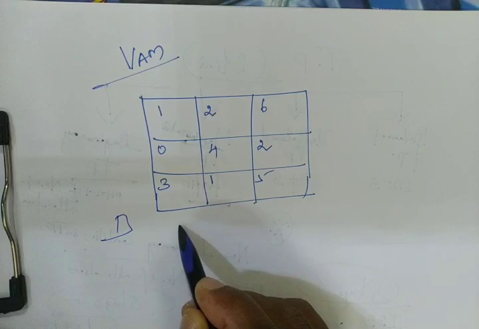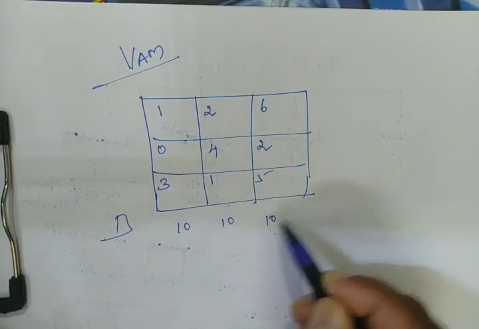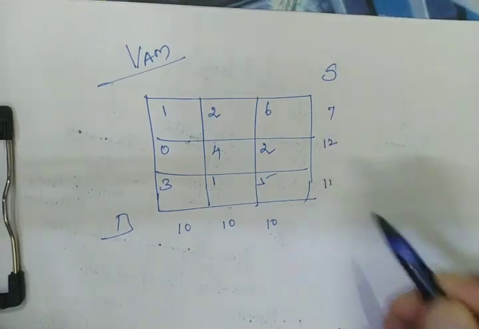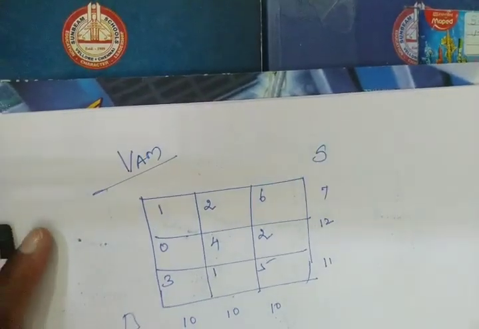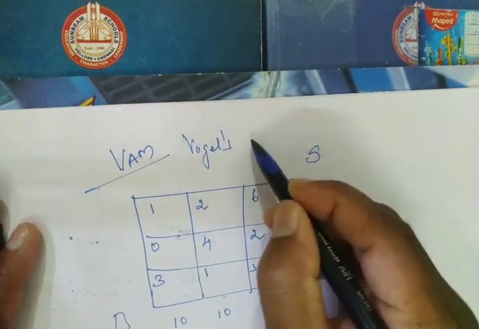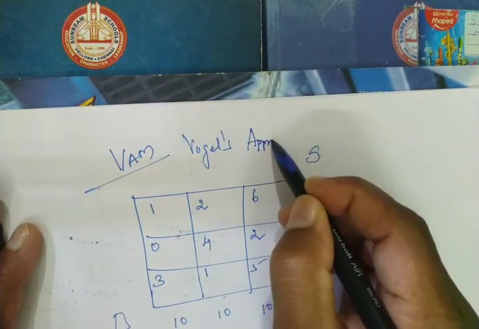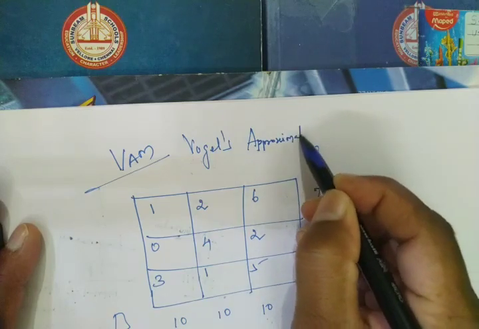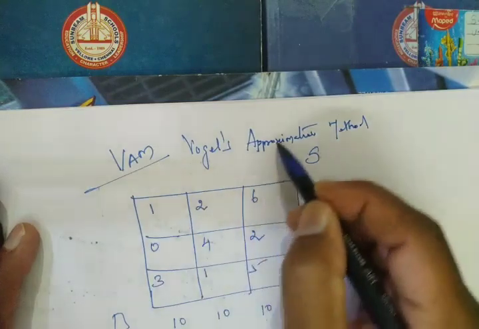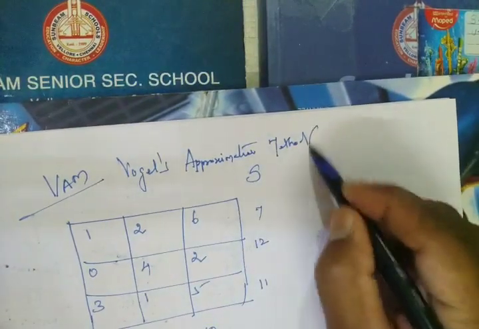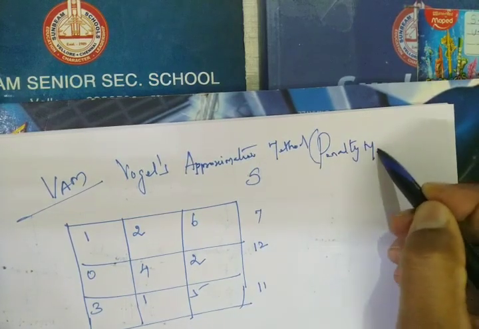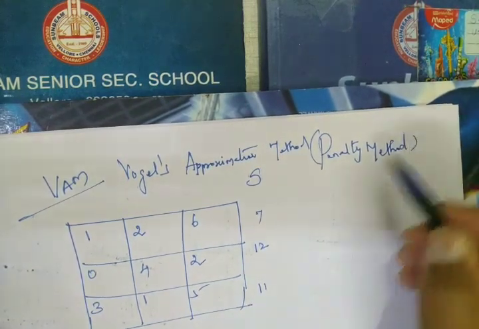Demand is 10, 10, 10, and the supply is 7, 12, 11. Now VAM is called Vogel's approximation method. Another name you can call it is the penalty method.